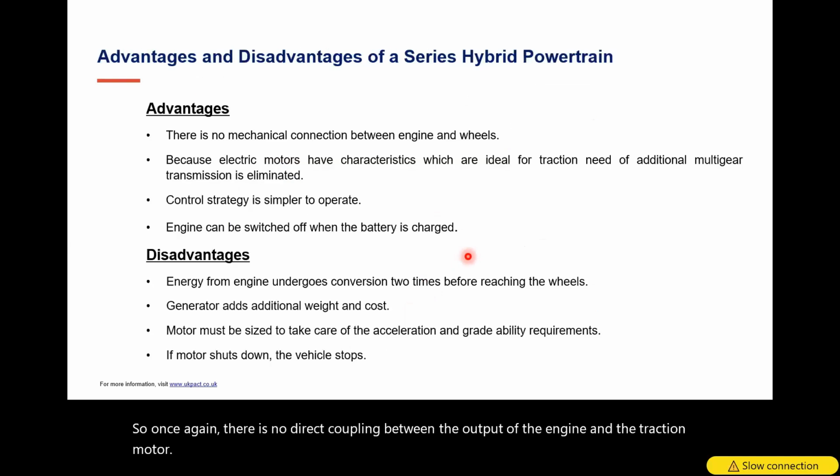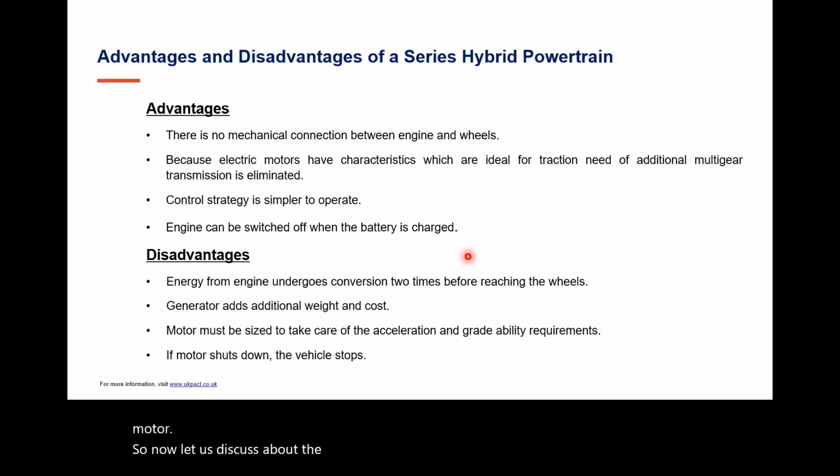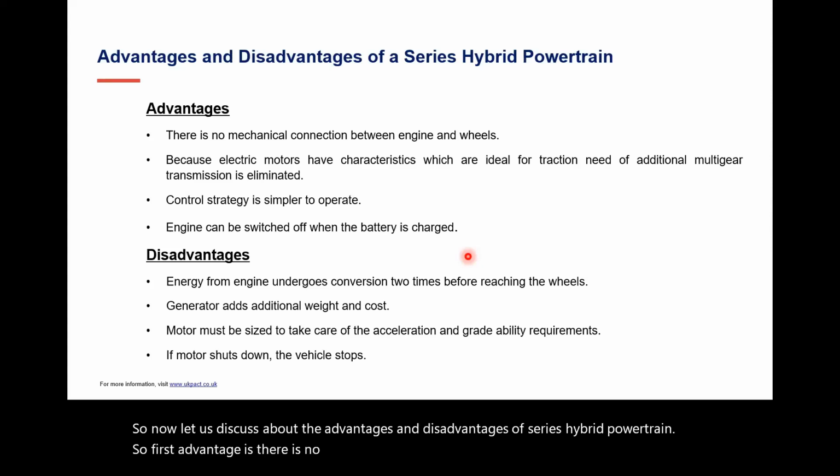Now let us discuss the advantages and disadvantages of the series hybrid powertrain. The first advantage is that there is no mechanical connection between the engine and the wheels, which means it is possible to run the IC engine at one specific speed.